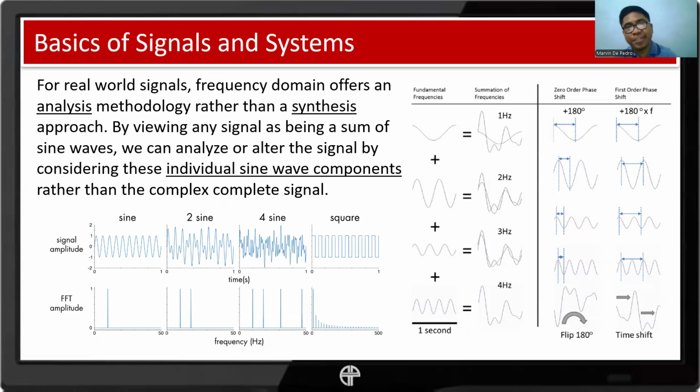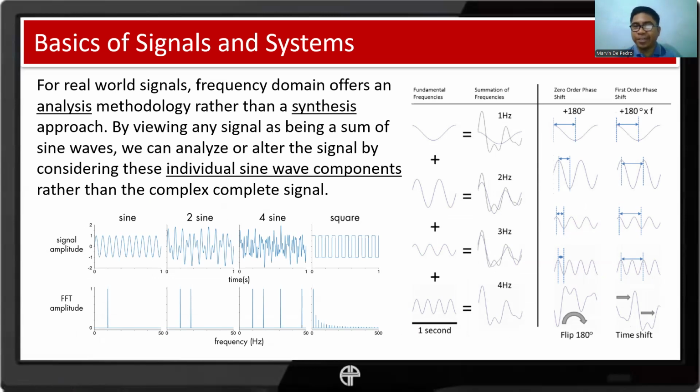For real-world signals, the frequency domain offers an analysis methodology rather than a synthesis approach. By viewing any signal as being a sum of sine waves, we can analyze or alter the signal by considering these individual sine wave components rather than the complex complete signal.